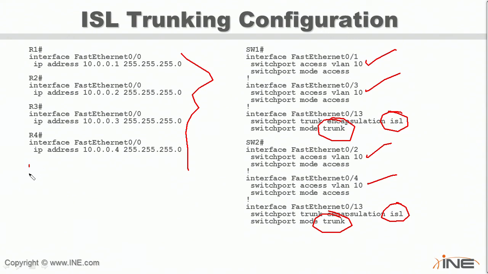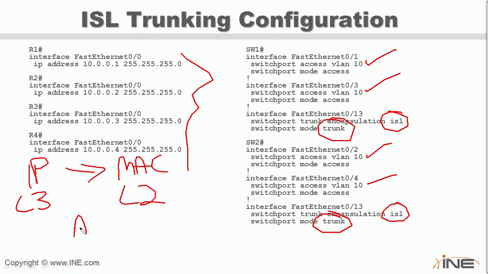Which means now we can use IP at layer 3 to automatically do the resolution to the layer 2 MAC addresses with ARP. But if ARP is broken, then anything above this is not going to work. None of the routing protocols, none of the applications. We need to always verify that the layer 2 LAN works first before anything else on top of it.